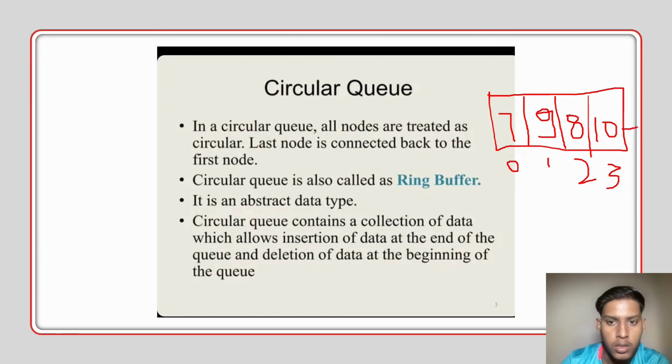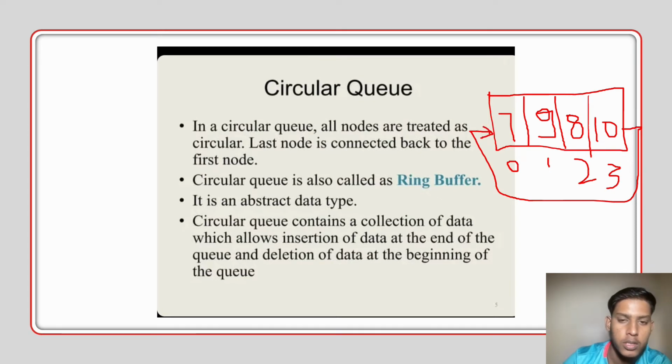In the last node, the address of the first node is stored. Now this is treated as a circular queue.